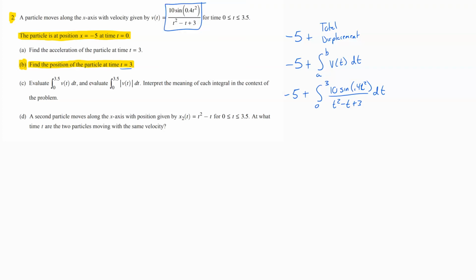And the great news for us is we are on a calculator required portion, so we don't have to do that by hand. We're actually just going to shove this into the calculator to get out the answer. So what we'll do here is in y1, we're going to put that equation. So 10 sine of 0.4. And when you go into the calculator, you want to change over whatever variable they're working with into x's. So I'm replacing everything with an x right there.